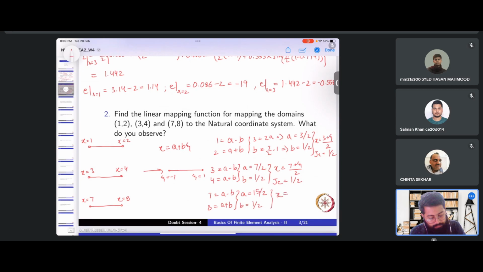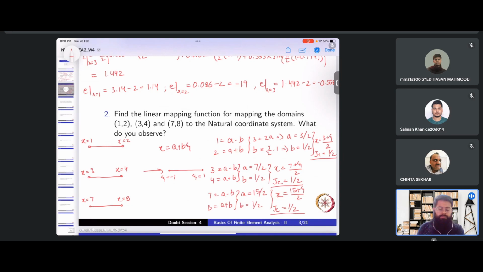So we get our mapping function as x equals 15 plus zeta by 2, and our Jacobian is again equal to half.